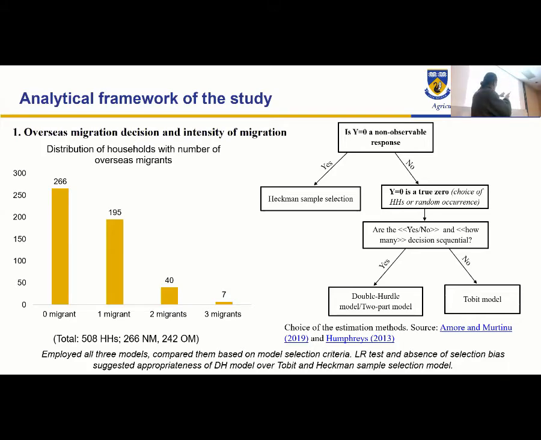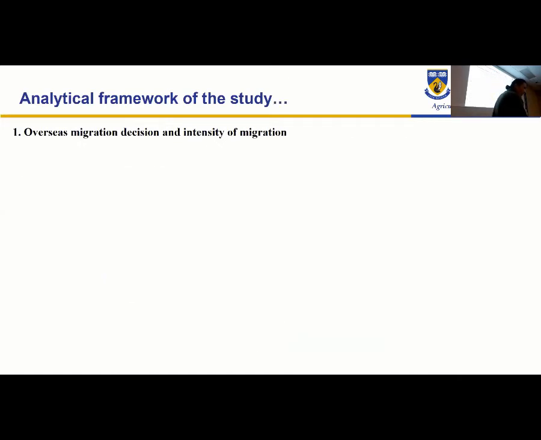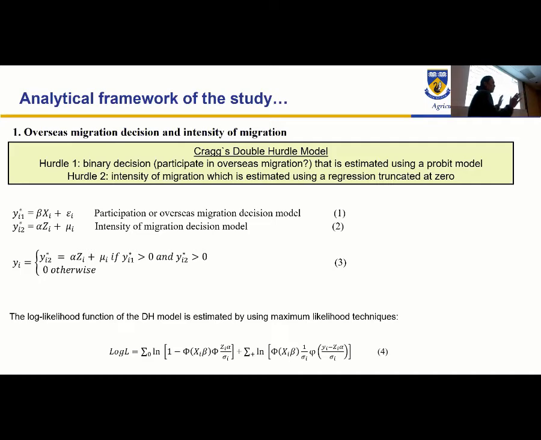So we have estimated all these models in our analysis and compared them based on model selection criteria. And those criteria are the likelihood ratio test, and also whether there is any selection bias or not. So while doing that analysis, we found the appropriateness of the double hurdle model.